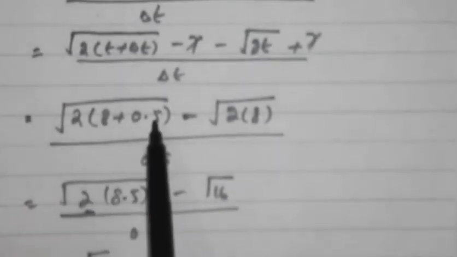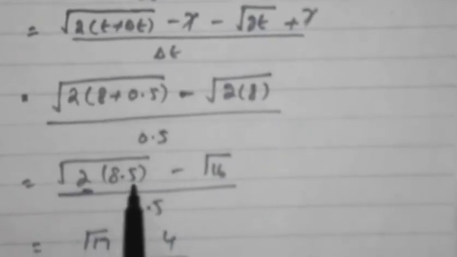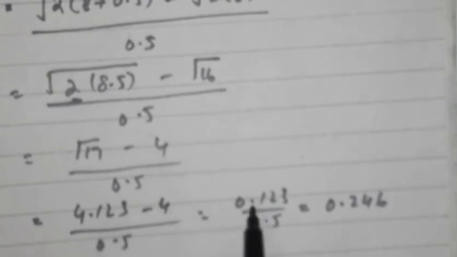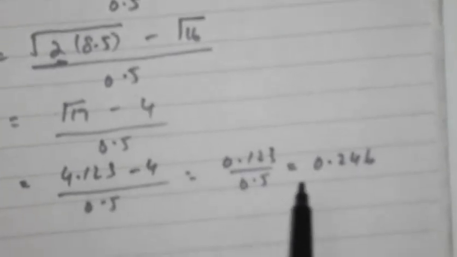Now 8 plus 0.5, we get 8.5 into 2, 17 under root whose value is 4.123, and square root of 16 is 4. So 0.123 divided by 0.5, we get 0.246, the answer.